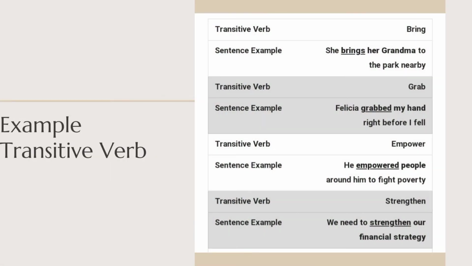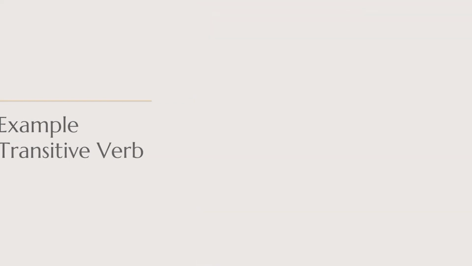A transitive verb cannot be perfectly meaningful if it is not followed by an object. For example, in the sentence "I bring," the sentence cannot be called perfect because bring requires an object. For examples of transitive verbs, we can see the next page.